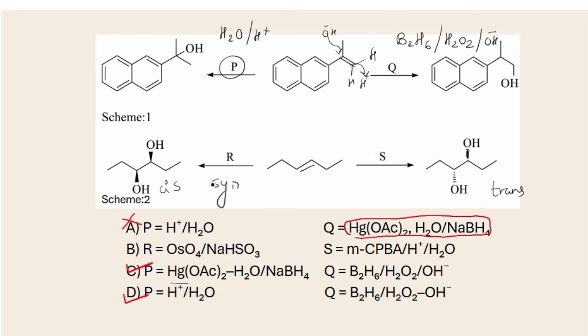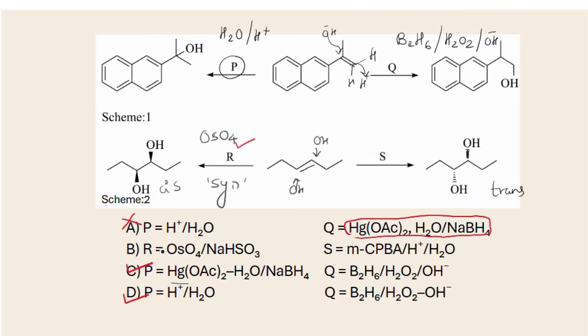What do you mean by syn addition? Syn addition means the hydroxyl groups are adding from the same side of the double bond. Generally we use osmium tetroxide or alkaline KMnO4 at lower temperatures. So the KMnO4 is not given. What is given here is osmium tetroxide. Therefore, R is correct. It can be osmium tetroxide.